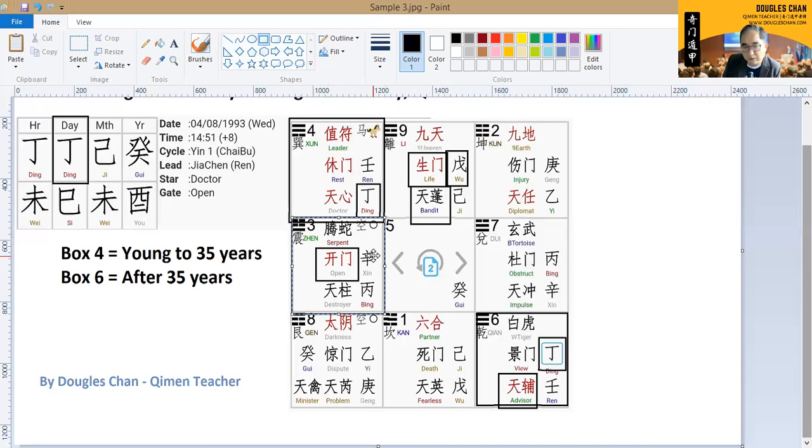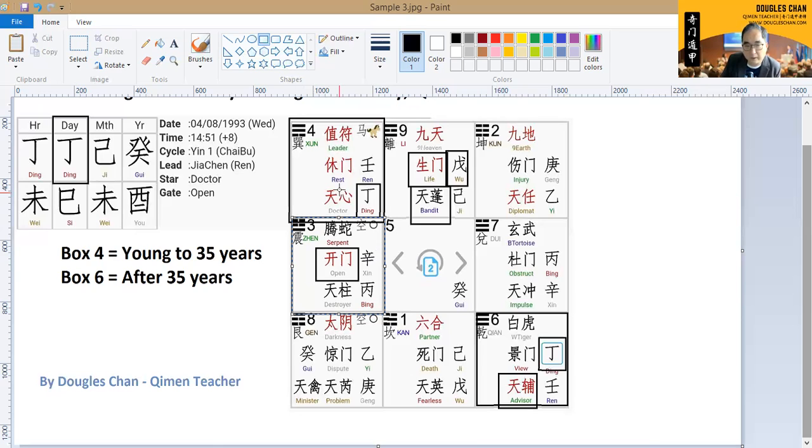So in this aspect, I would suspect that if he were to go working for people, when he's young or even when he's older, he may not enjoy the working life, and he will make a lot of mistakes. He will have a lot of worries.